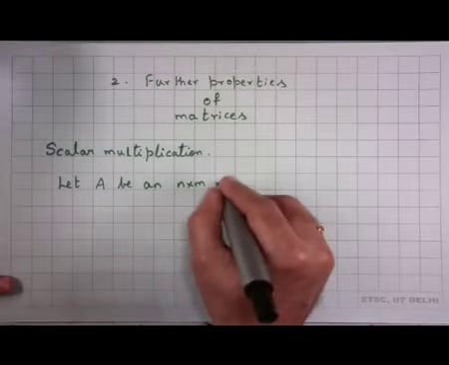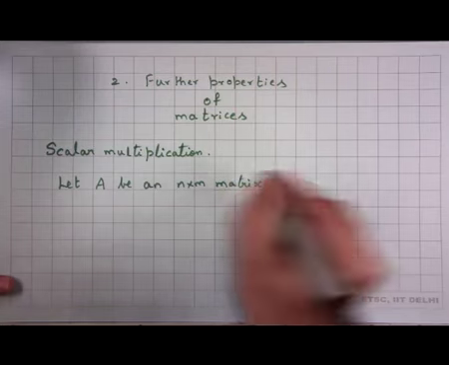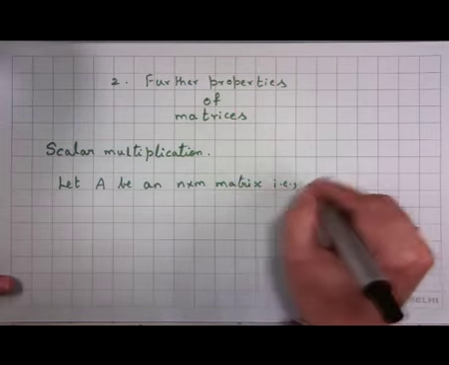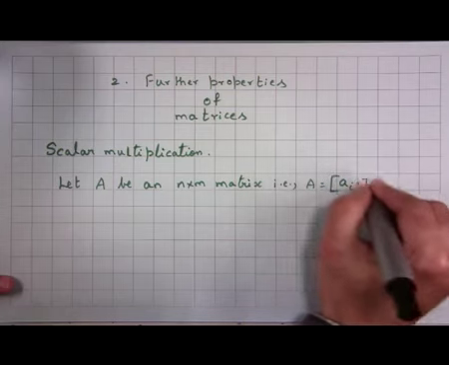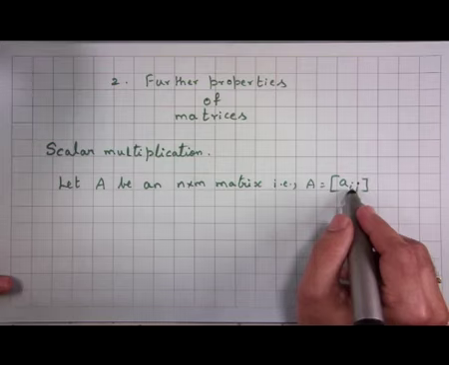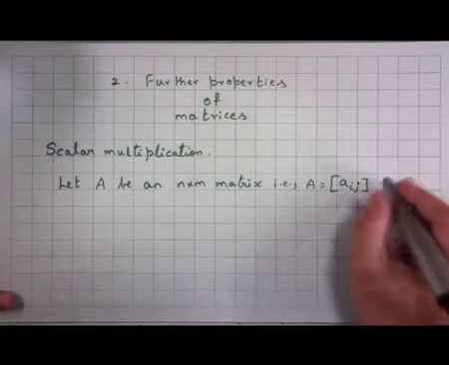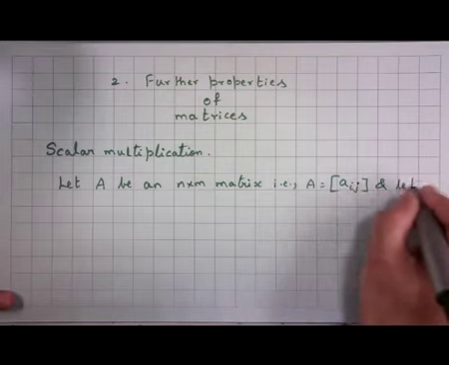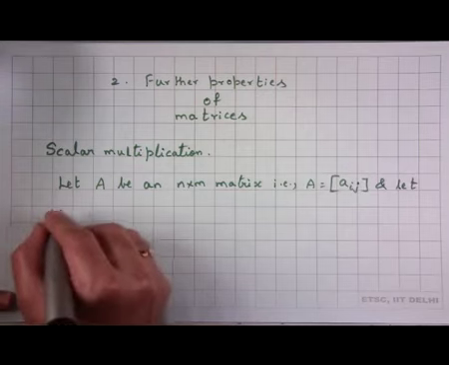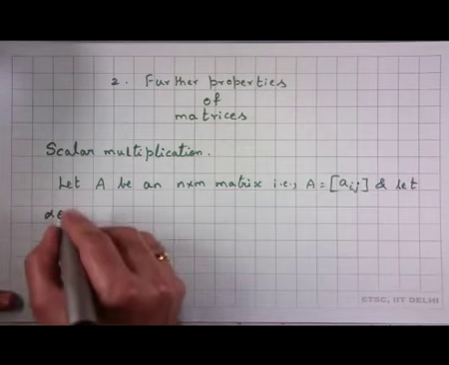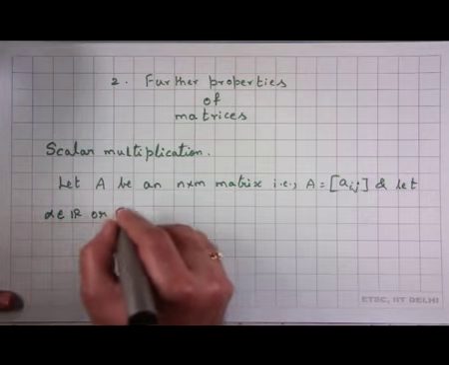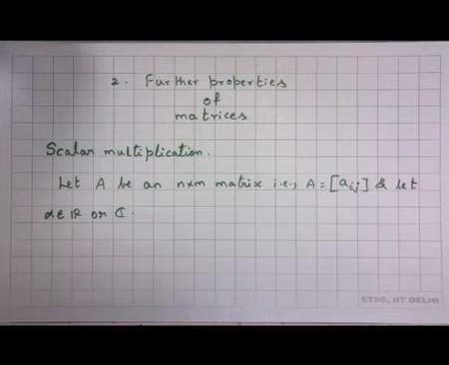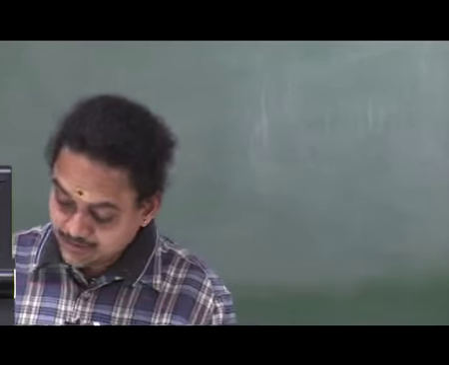Let A be an n by m matrix, that is, A = Aij, where i runs from 1 to n and j runs from 1 to m, and let alpha belong to R, the set of real numbers, or C. So the entries are just real numbers or complex numbers.